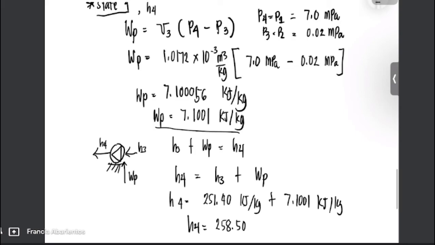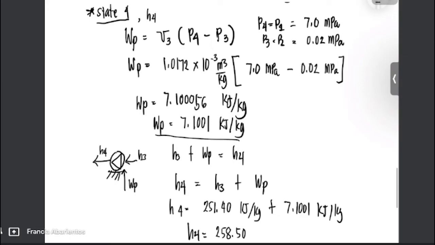Take note that here, we have, lagyan natin ng red, this is times 10 to the negative 3 and this is in MPa. In putting in your calculator, para hindi kayo maguluhan, ilagay nyo dyan 0.001.